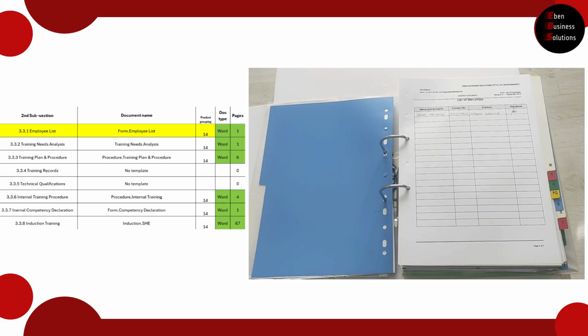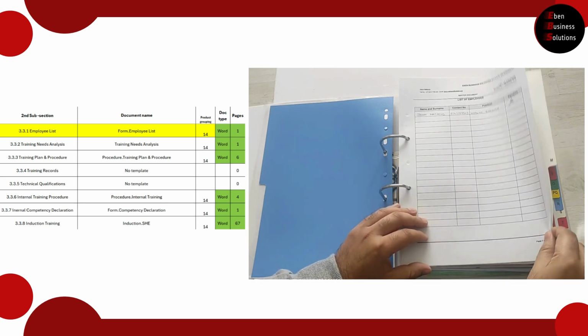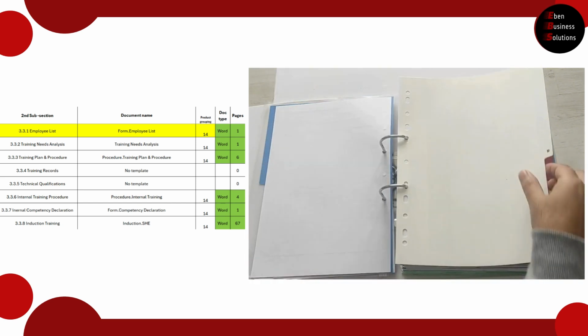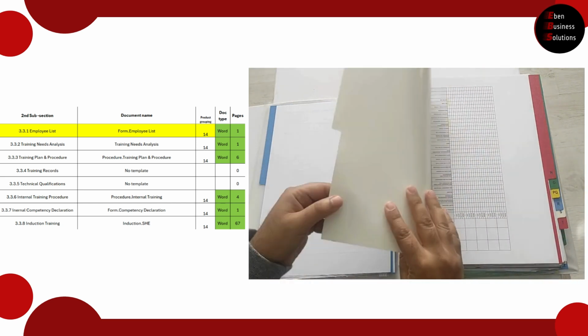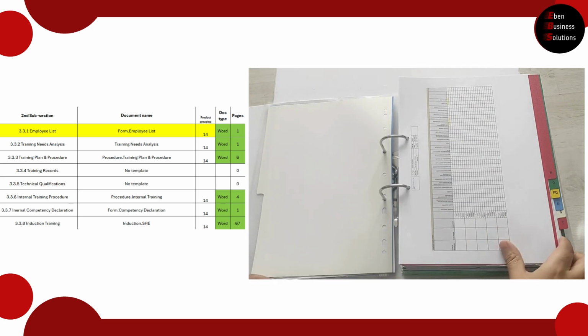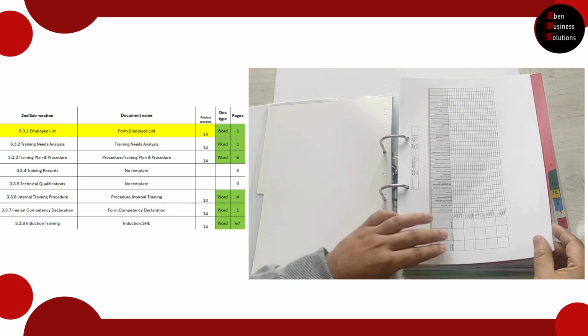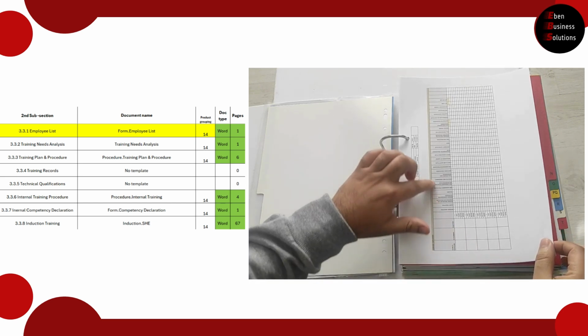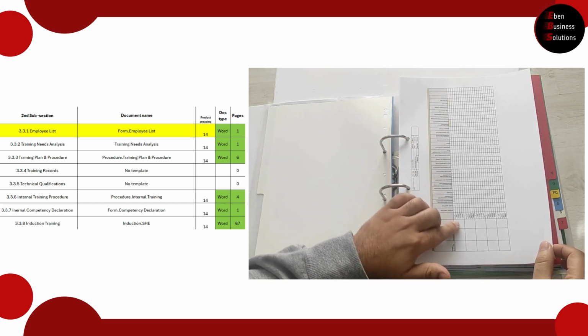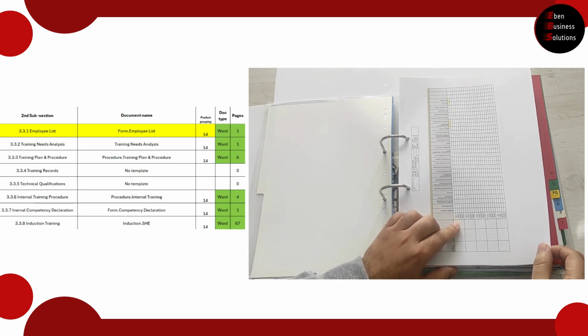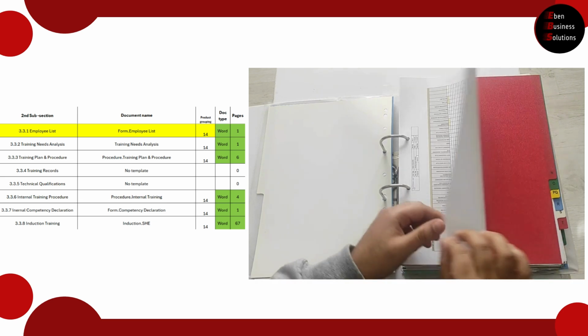Section 3.31, employee list. So this is a list of all the employees in the organization. Then we go to the training needs analysis, where you can put people's names, and there's different training courses here, and to confirm when did they attend these trainings, and has anything expired.